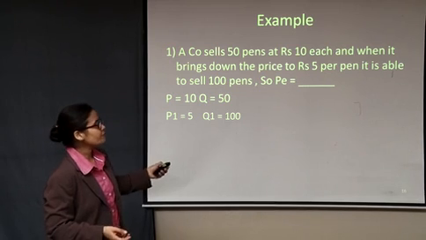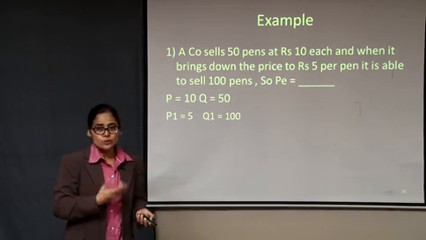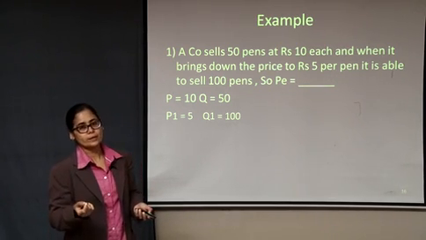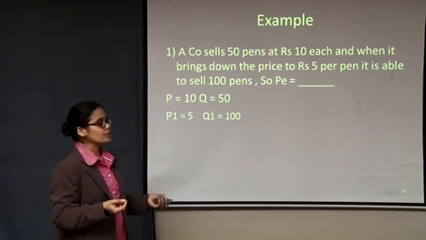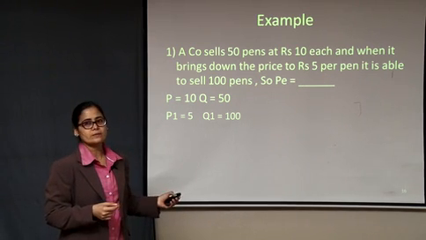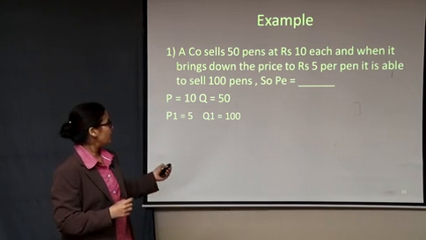Now what you have to do in the formula? The formula was given to you in the beginning. So you go back to that formula which says percentage change in quantity upon percentage change in price, and see what answer you derive. Practice it. I will also solve this on the whiteboard so that you are able to understand.